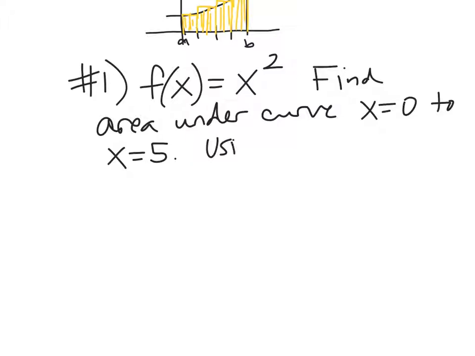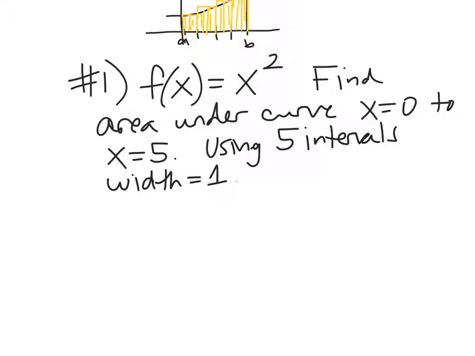Using 5 intervals. That's the other thing. The more rectangles you use, the better your estimate's going to be. I'm not going to make you use 100 rectangles and try and find them on your own. That would be awful. This is going to be by hand. So using 5 intervals, each with a width of 1.